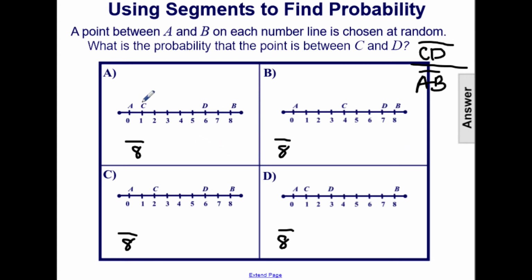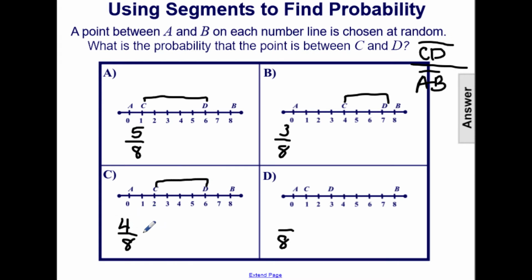probabilities change. In example A, we're going from 1 to 6, so it would be 5. You have a probability of 5 over 8. In B, CD goes from 4 to 7, which is a length of 3. So you have a probability of 3 over 8. In C, C at 2 goes to D at 6, which is a length of 4.